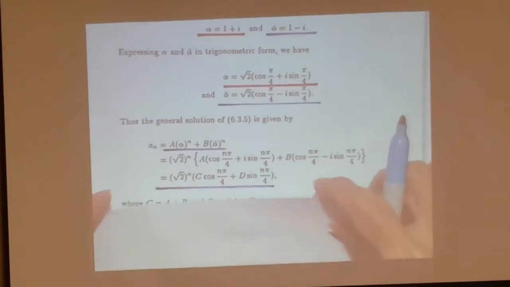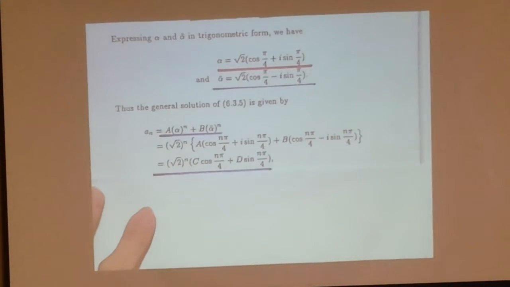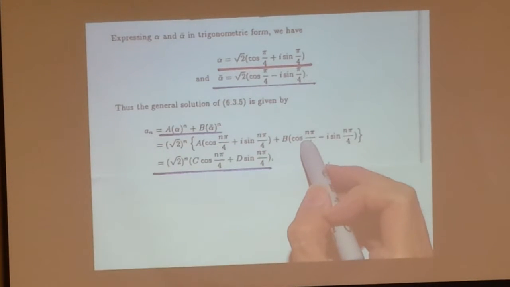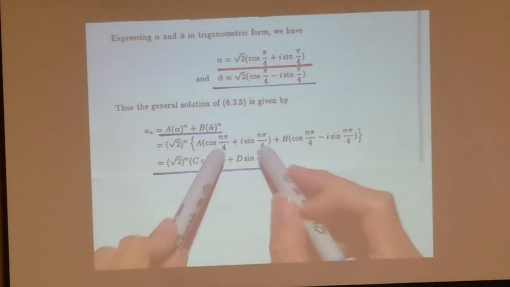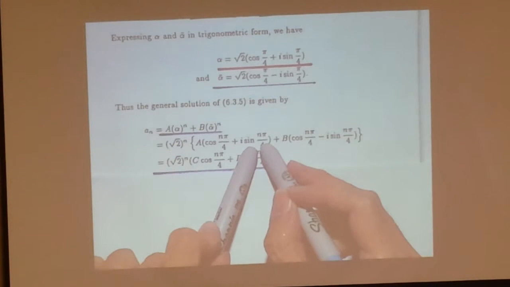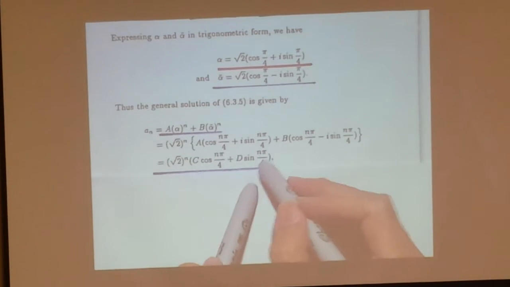After that, you can group the real terms. When you have a complex number, you have a real part and an imaginary part, right? The cosine term will be the real part, you can put them together, and the sine term is with I, you can put them together.